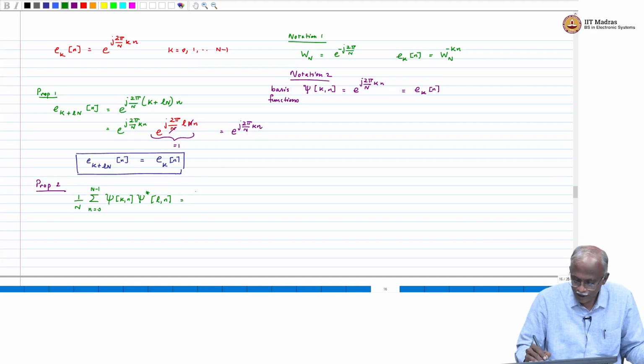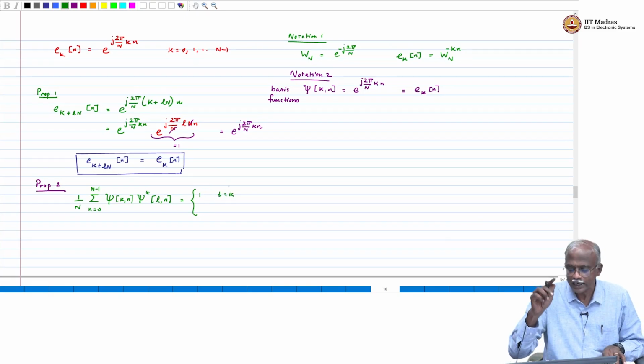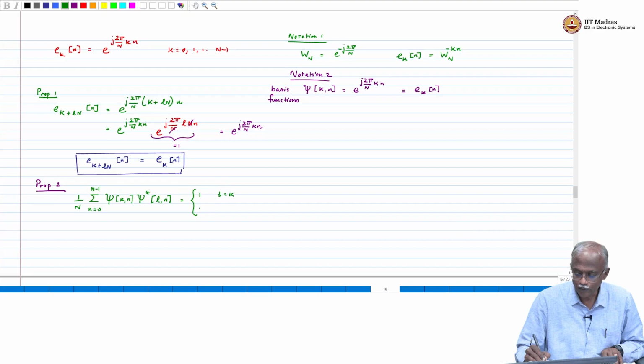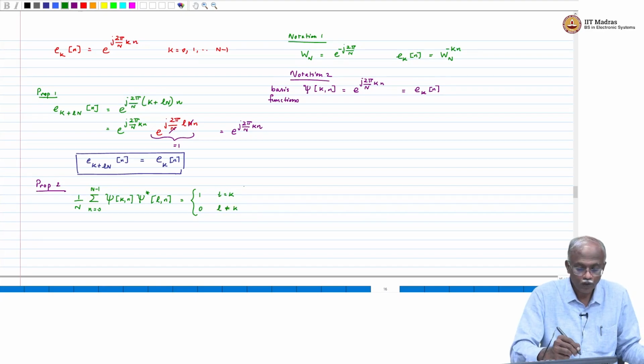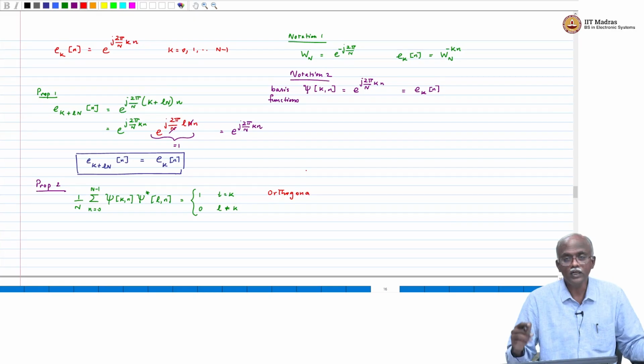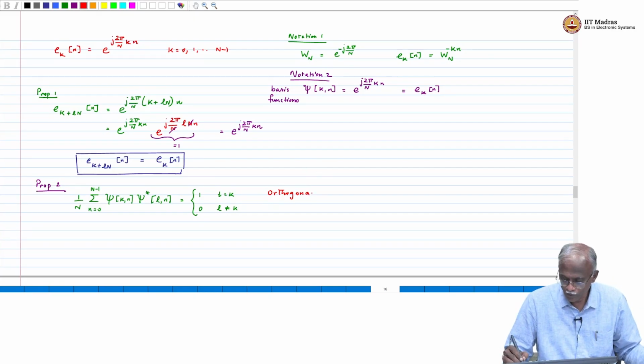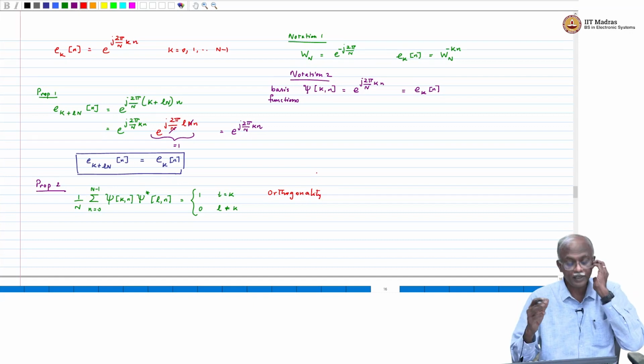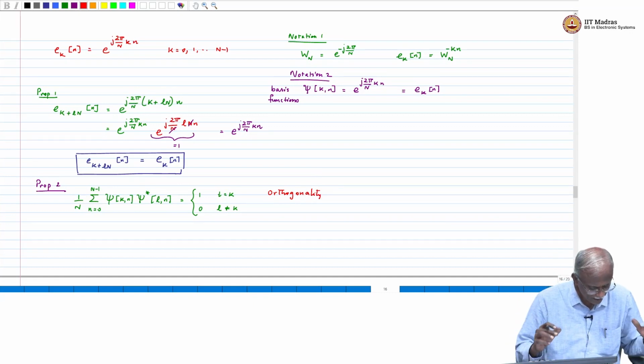This will be equal to 1 only if L is equal to k, and is equal to 0 if L is not equal to k. This is called the property of orthogonality. These basis functions are orthogonal to each other, and therefore they give us some very unique properties which we will be able to leverage.